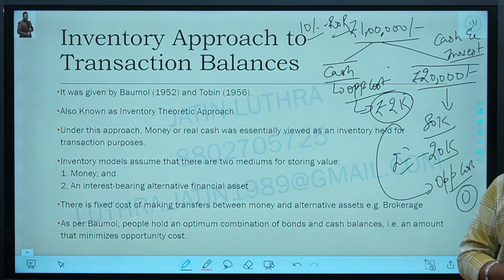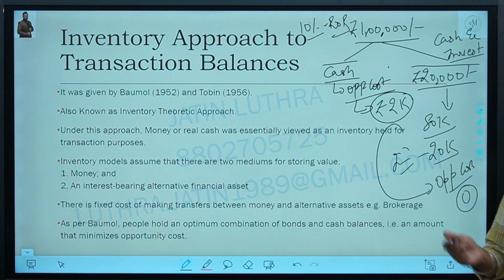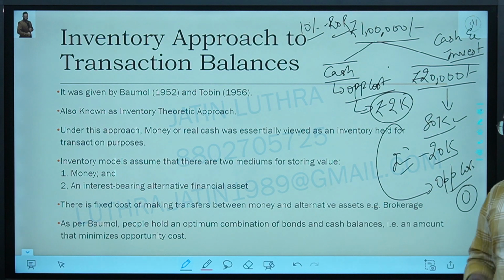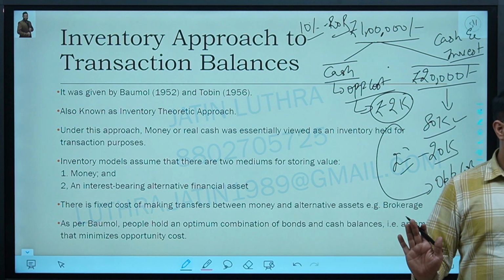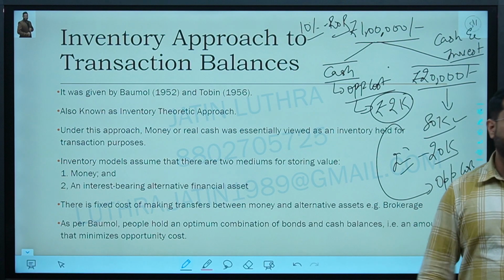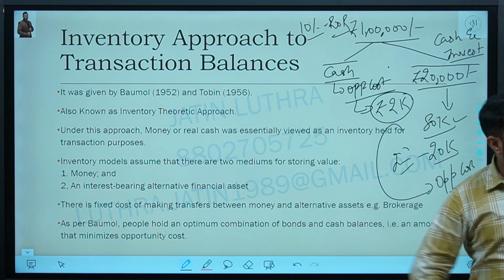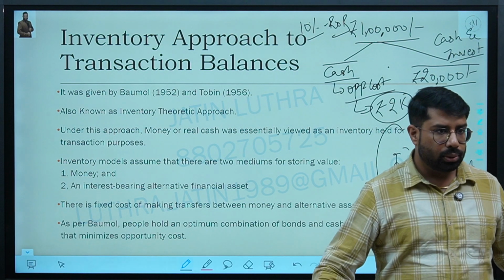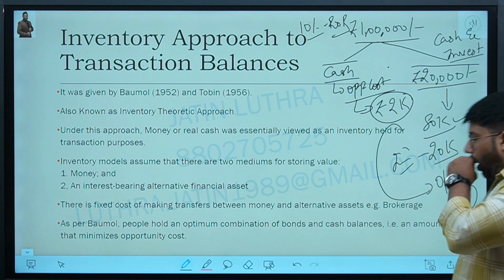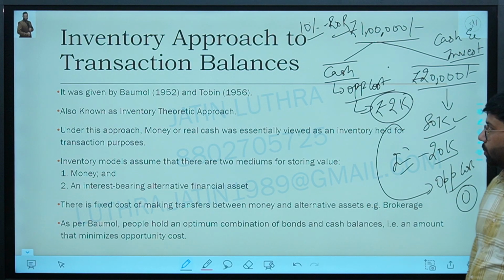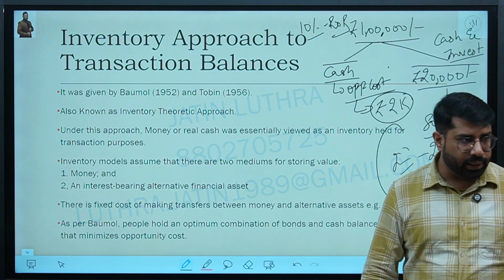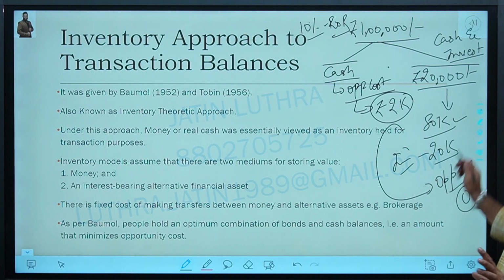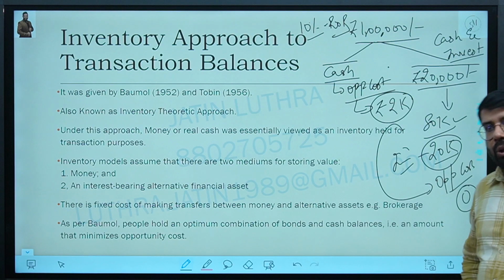Sir, why did Baumol say minimized? Some people might say, okay, I may need 80,000 rupees for consumption, but 10,000 rupees I want to keep in cash with me just to be cash ready, to reduce the risk of inconvenience. It means out of 20,000, 10,000 rupees they want to keep in cash.